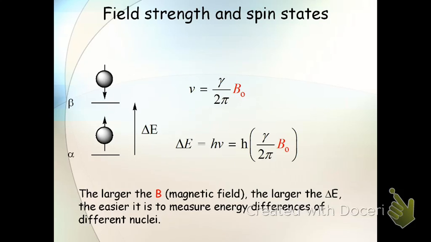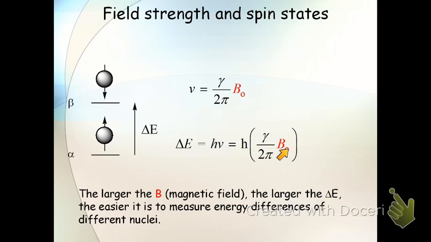So just very quickly, going back over some of these parameters, this gamma is the magnetic susceptibility. That's this. And you can basically ignore that, but it's different for every type of nucleus. But B is the external magnetic field. E is the energy between the low and the high spin states.